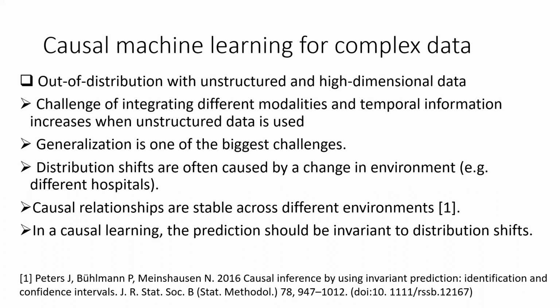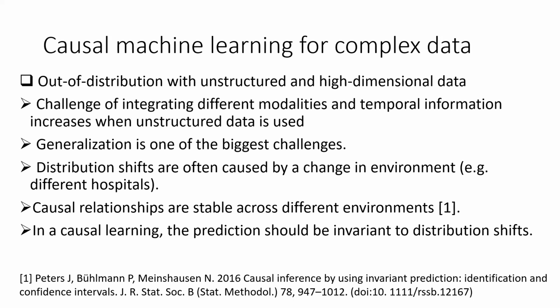The challenges of integrating different modalities and time information increase when unstructured data is used. The processing of unstructured data is mostly tackled with machine learning, and generalization is one of the biggest challenges here.